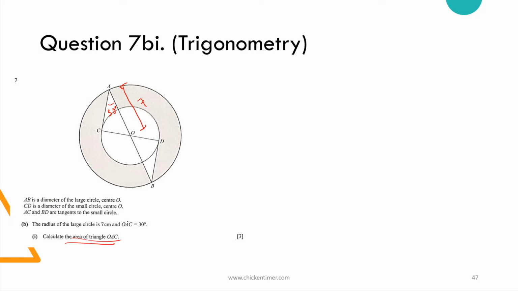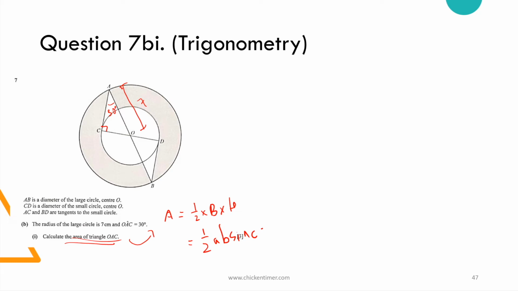Finding area of a triangle, we can do it two ways: half times base times height, or half ab sine C. With the information given, I can't do either, because I do not have 2 sides.